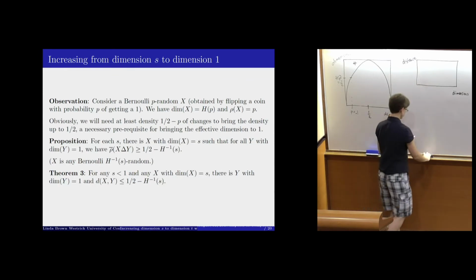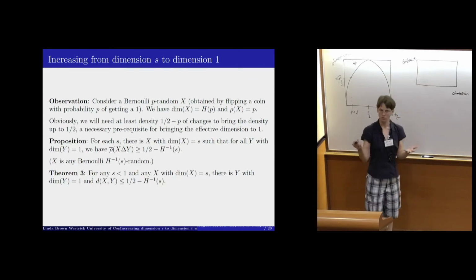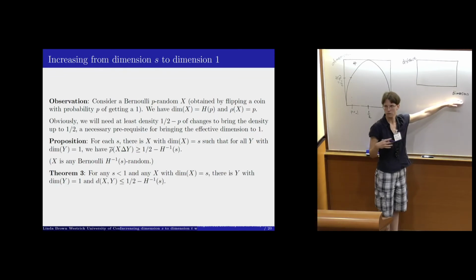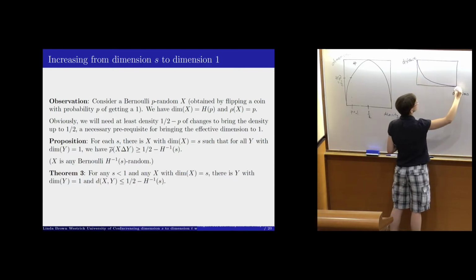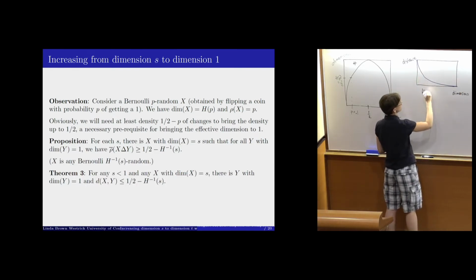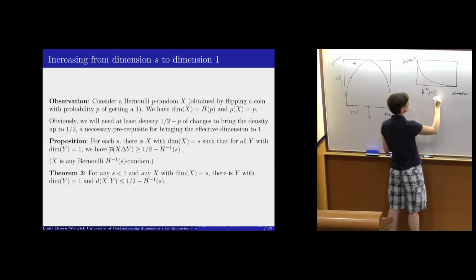So the first result said that if we want to start out with a sequence of effective dimension 1 and change it on as minimal a number of bits as possible to reduce it to something of dimension S, then the density of changes that we're going to need to make is this function H inverse of 1 minus S.